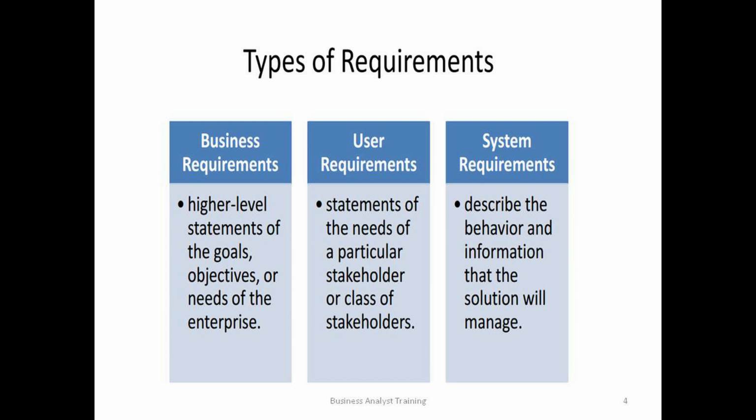So in a way, your higher level statements, which is business requirement, talks about goals and objectives. That is broken down to the needs of the stakeholder. When you say business requirement is high level, you're coming down to system level, right?